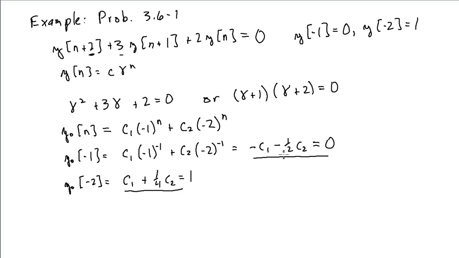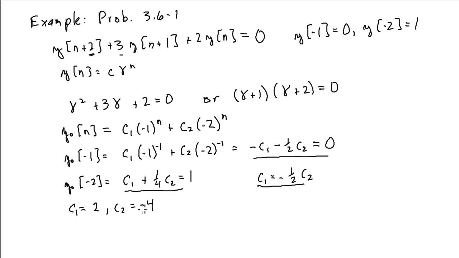From this first equation, I can immediately determine that C1 is equal to -1/2 C2. Take that, substitute into this expression, and I can find then that C1 is equal to 2 and C2 is equal to -4.